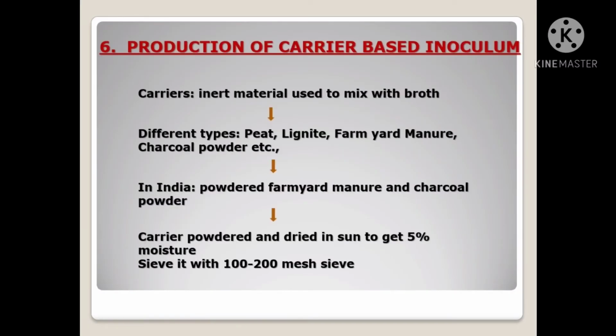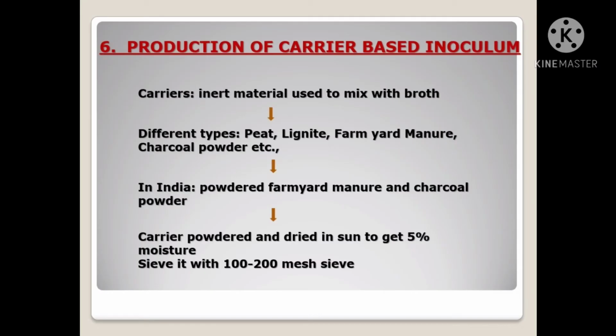The sixth step is production of carrier-based inoculum. Carriers are inert materials that are used to mix with rhizobial culture or broth culture. Different types of carriers can be used, for example, peat, lignite, farmyard manure, charcoal powder, etc. But in India, powdered farmyard manure and charcoal powder are commonly used.